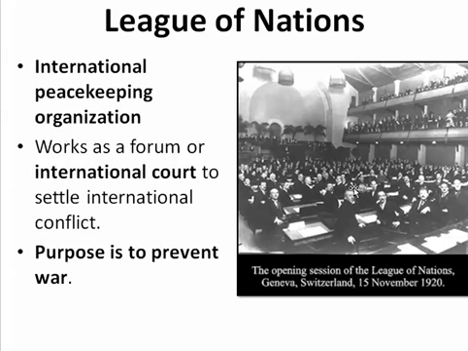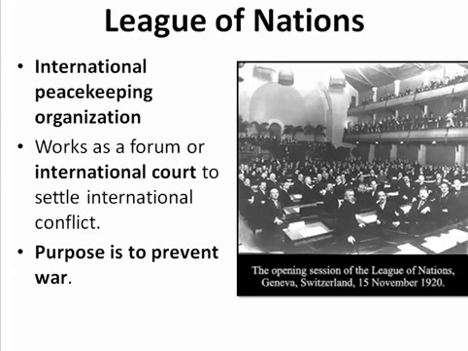I think there's 129 members in the League of Nations when it was opened up. If two countries had a problem, they'd bring it before this group of the world's countries' representatives, and they would try to negotiate a settlement and prevent war between those two countries. So that's what the purpose of the League of Nations was.